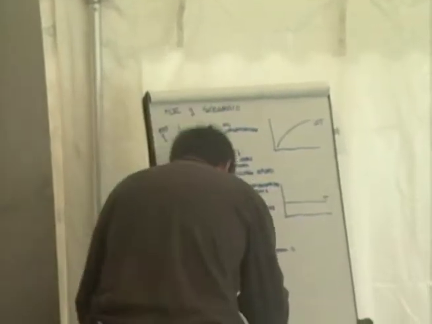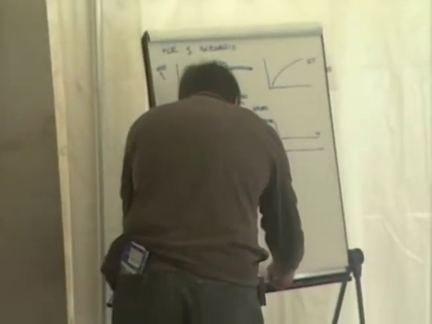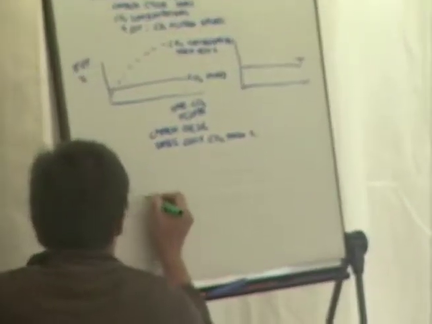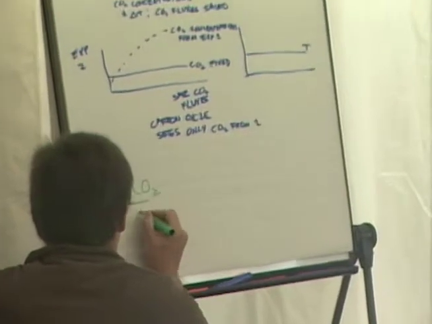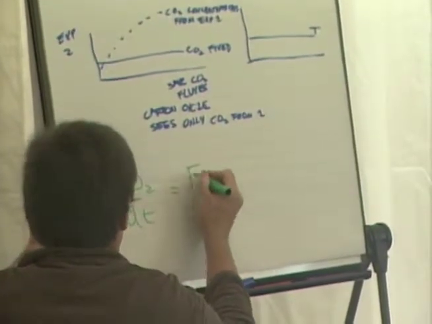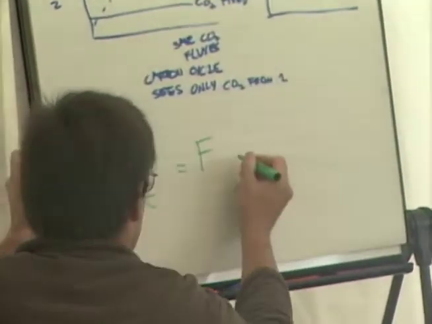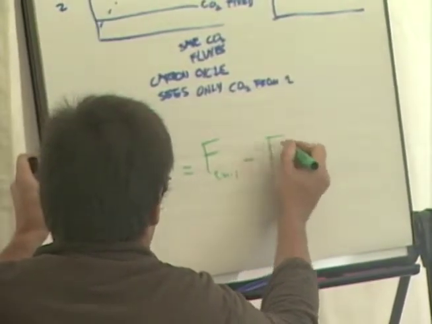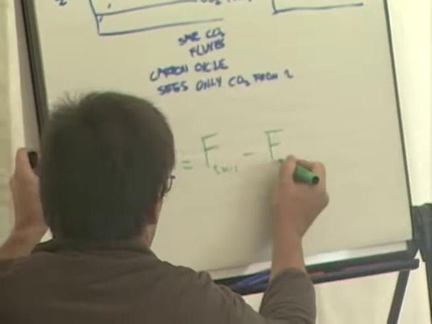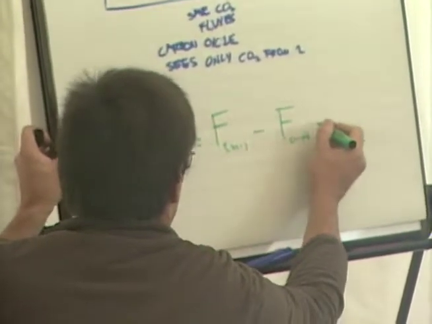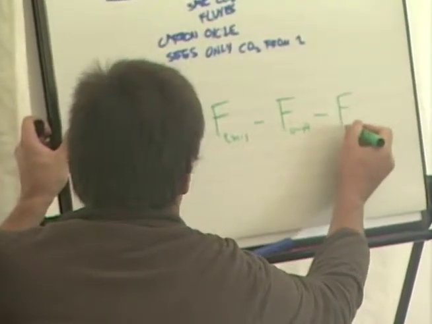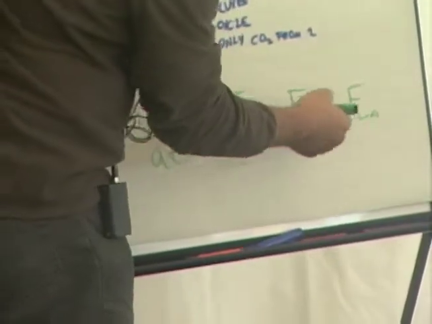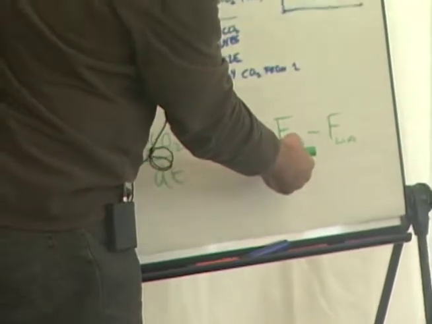Let me do it in a different colour pen. The rate of change of CO2, which is prescribed, equals the fossil fuel emissions, or the non-land use emissions, minus the ocean-atmosphere flux, minus the land-atmosphere flux. These fluxes we calculate in the model interactively, as functions of climate.